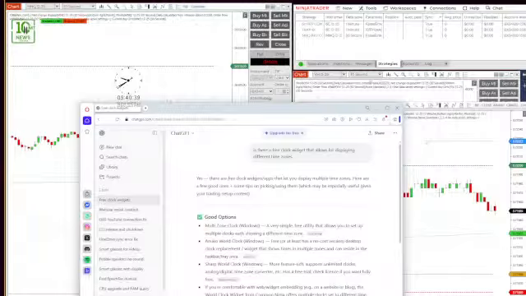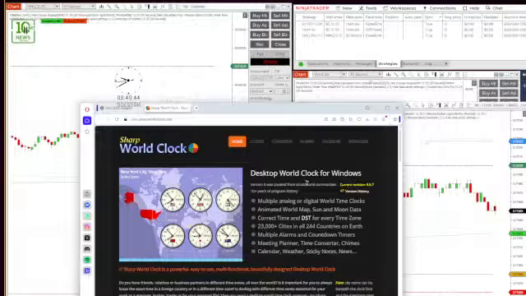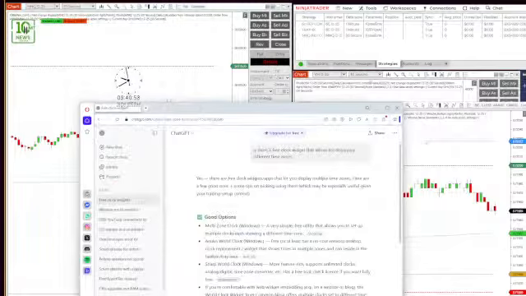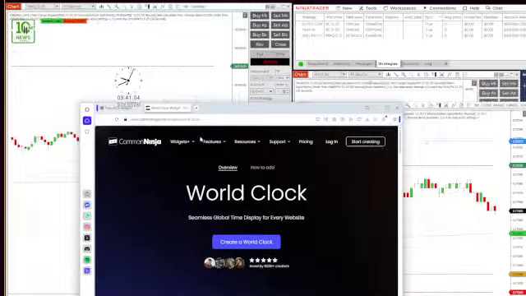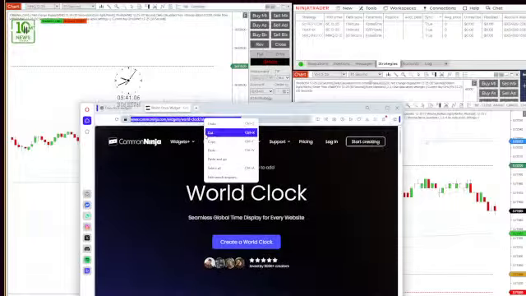Sharp World Clock. They have a free trial. I don't want to pay for a clock, but you can check that out if you want to. And World Clock Widget.